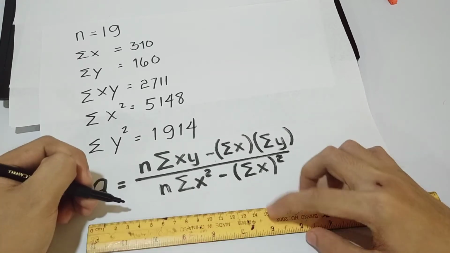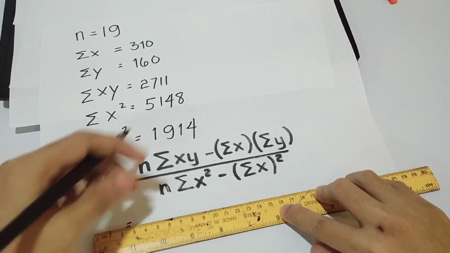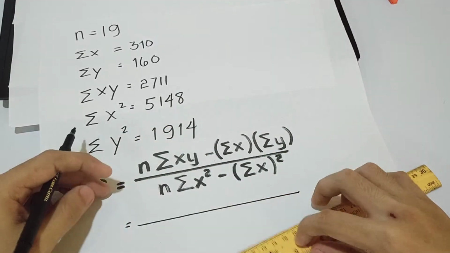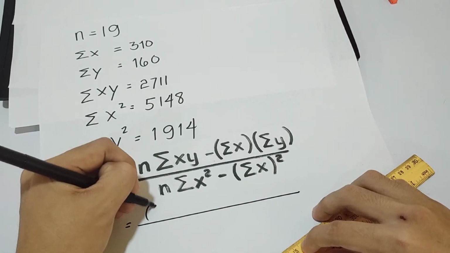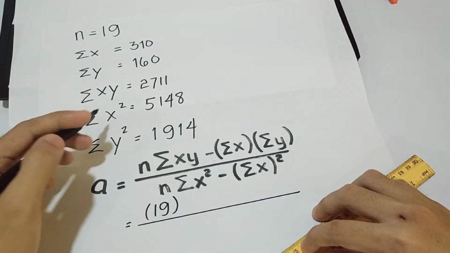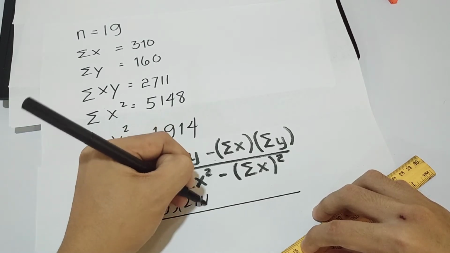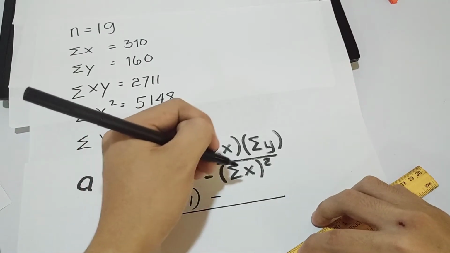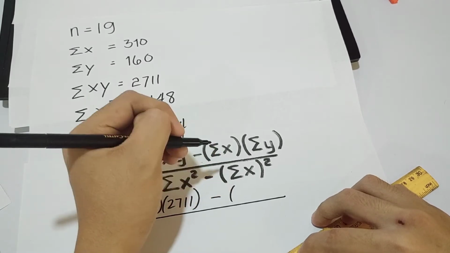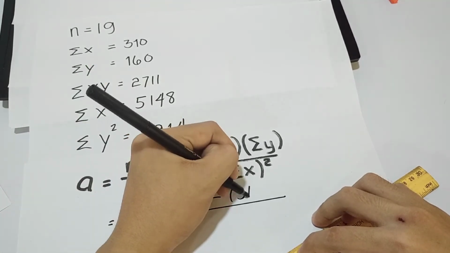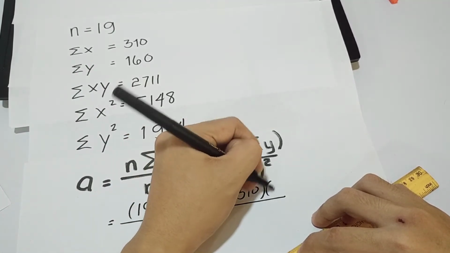So first we have n, so 19 times the summation of xy, which is 2711, minus the product of the summation of x and the summation of y. So we have 310 and 160.